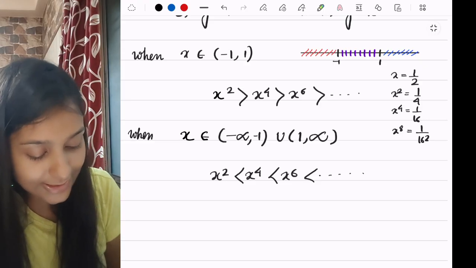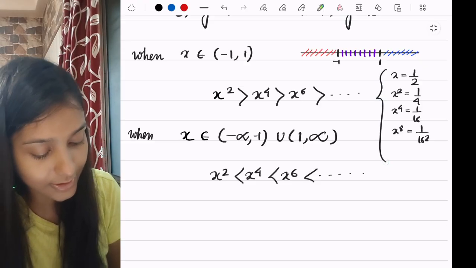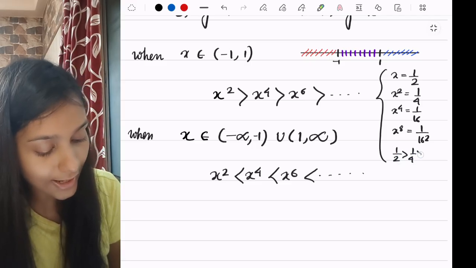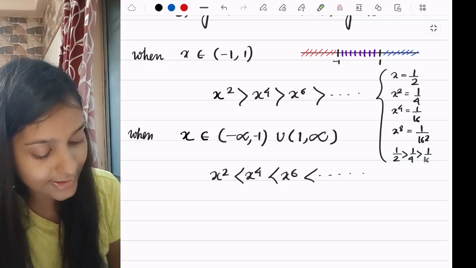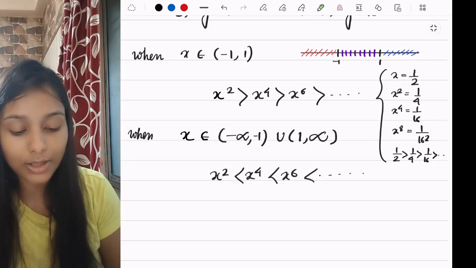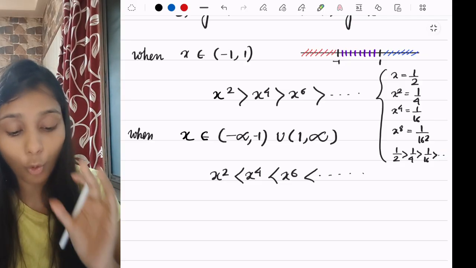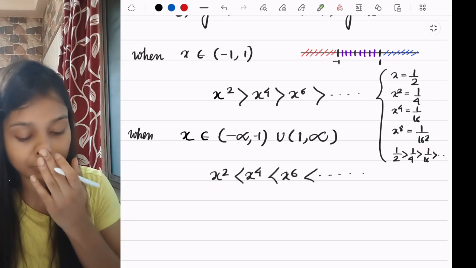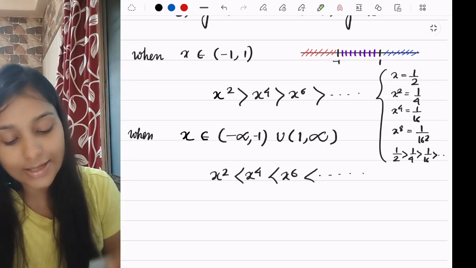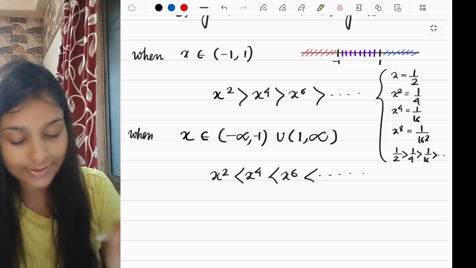So here we can easily see that half is greater than 1 by 4, and 1 by 4 is greater than 1 by 16, and so on. So in the open interval -1 to 1, the function satisfies this property: x square is greater than x power 4, which is greater than x power 6.